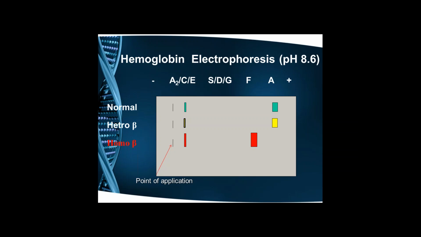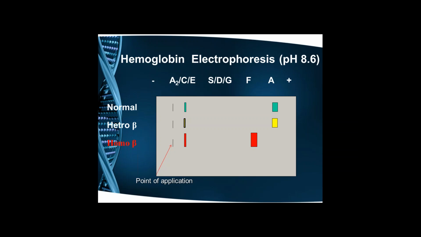It can be done using a 2% sodium metabisulfite solution: put a drop of blood in it, put a cover slip, seal it from all the sides, keep it overnight in a moist chamber and look at it the next morning. You'll see a lot of sickle cells if it's heterozygous S or homozygous S. D will not show it. So that way we can say that this is HbS and not HbD.